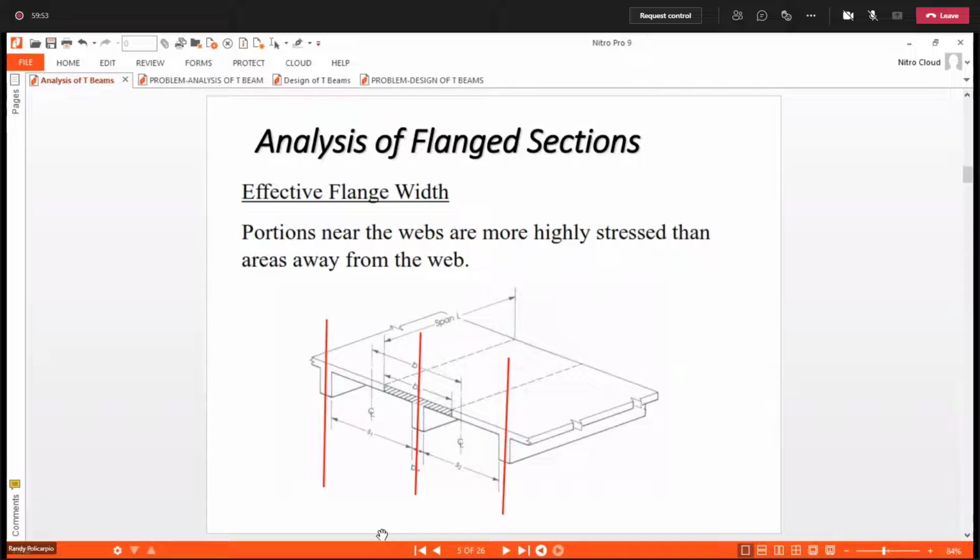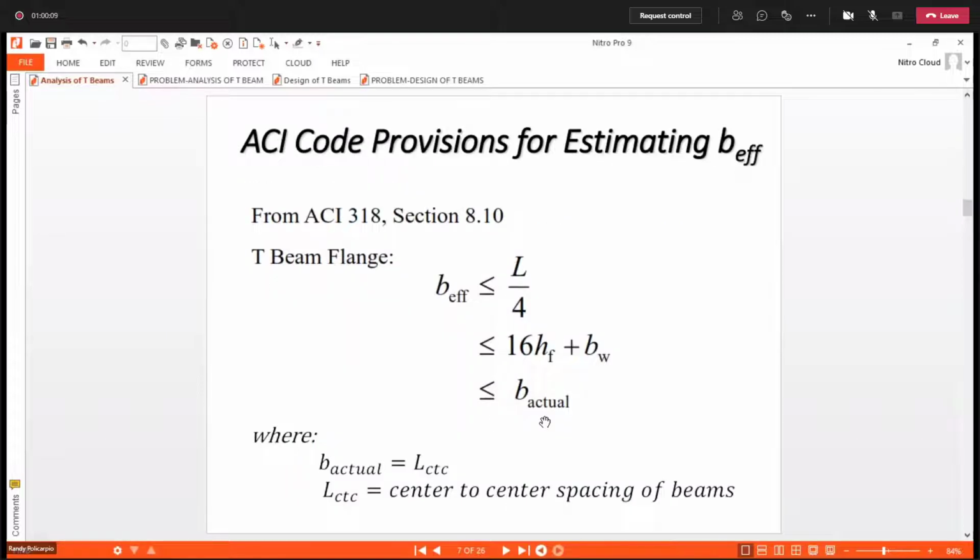That will also represent the center to center spacing between beams. Okay, so yun yung pangalawang criteria, no, na binabanggit. Okay, or pangatlong criteria na binabanggit, no? So center to center spacing of the beam.